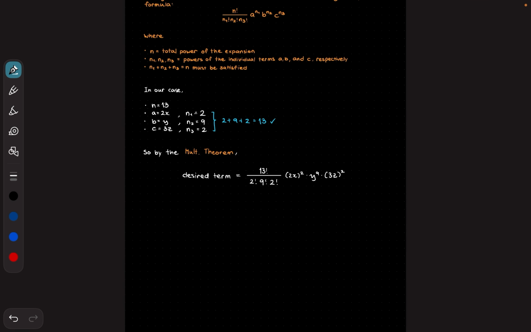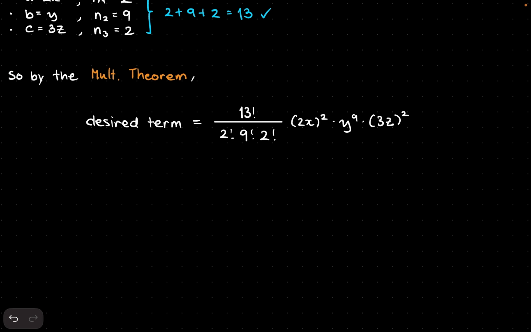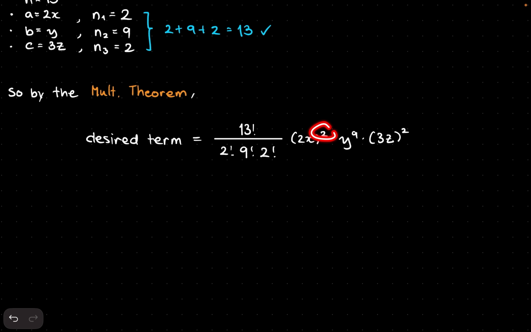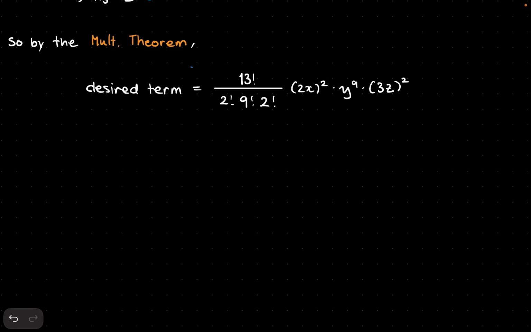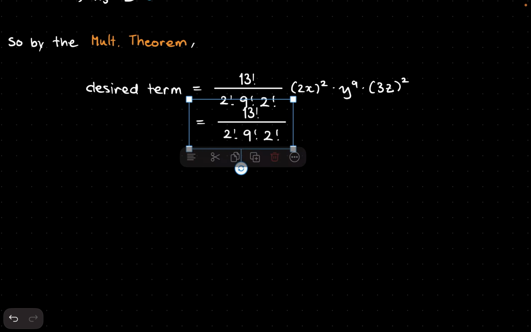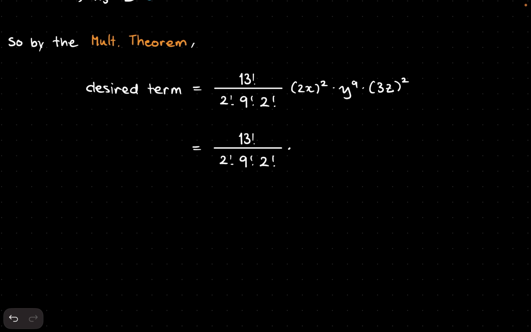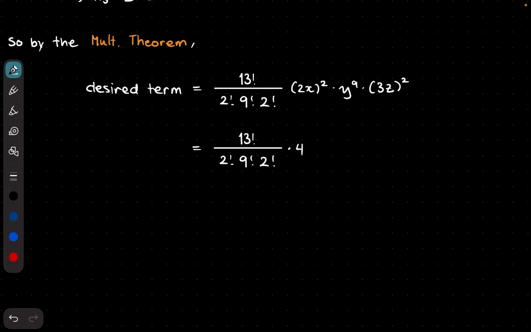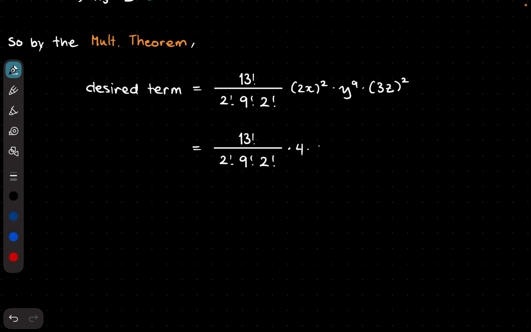Good. Now from here, all we need to do is simplify this. We begin by distributing the square out here. By distributing the square, we obtain 2 squared, which is simply 4, and 3 squared, which is simply 9.